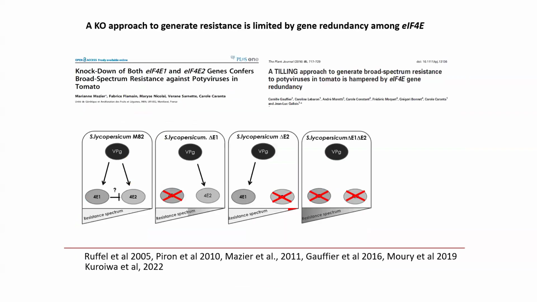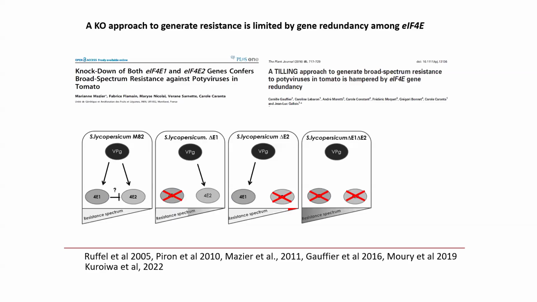So now what we found when we did that, so you can inactivate different eIF4E in tomato, for example, is that you somehow don't have the same resistance as with the natural allele. And the reason for that is gene redundancy. For example, in tomato, you got 2 genes, eIF4E1 and eIF4E2, that both encode proteins involved in translation initiation.